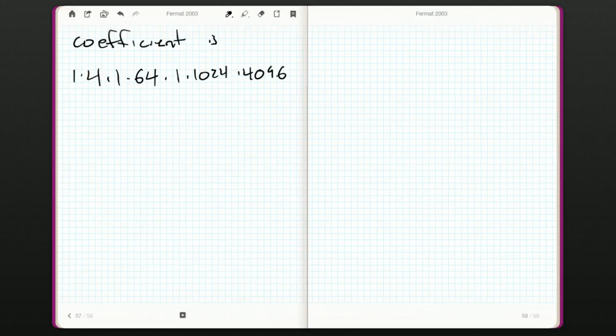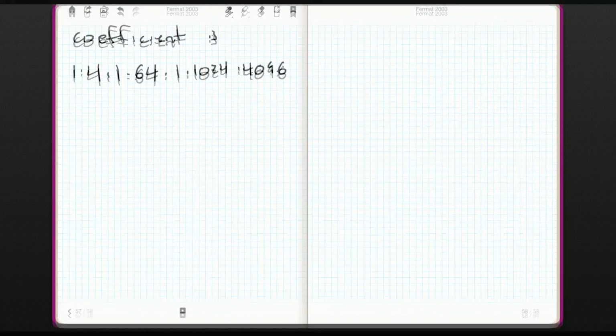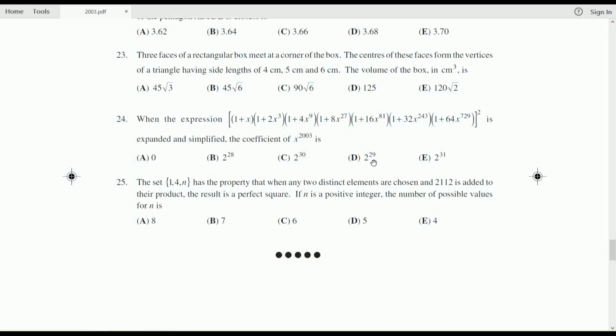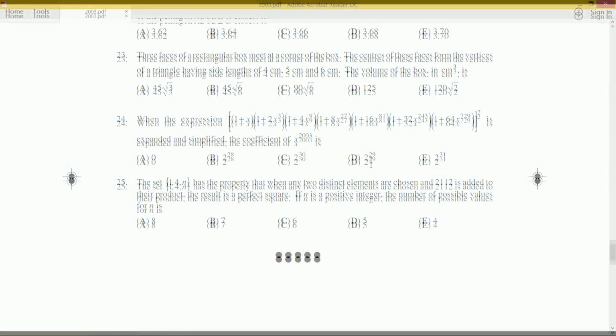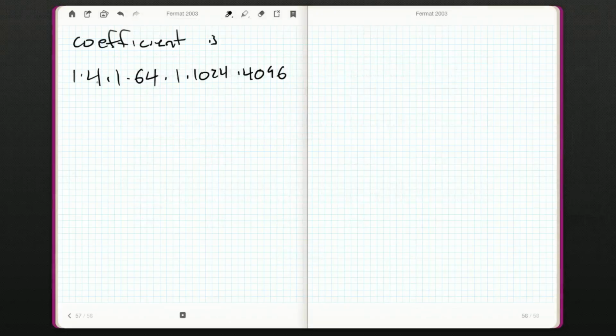Now, if I recall correctly, the question gives us the answers in powers of 2, so it might be a good idea to convert these back to powers of 2. I'm going to drop all the 1s, so we get 2 to the 2 times 2 to the 6 times 2 to the 10 times 2 to the 12, I think.